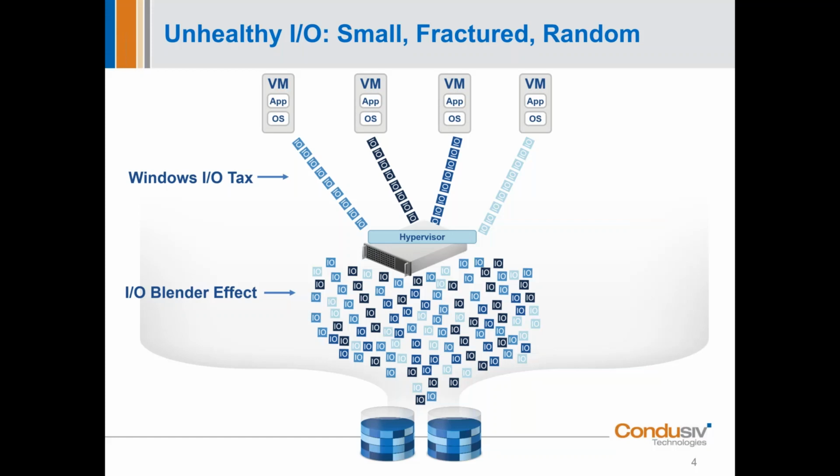So basically, what comes out between the physical host hypervisor and the disk storage controller is now a chaotic mess of small, fractured, and now very randomized I/O streams that, by the time they hit the storage controller on the back end, couldn't be less storage friendly. It means that the storage controller is only receiving data in very small packets at a time. So it now only has the opportunity to create very small stripes across its media. And that means many more storage level operations than if the data simply hadn't been split up as it was being written all the way up at that NTFS layer.